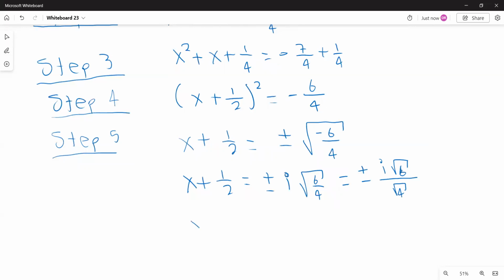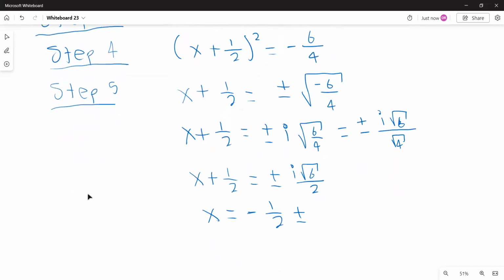So x plus 1/2 is plus minus i square root of 6/2. So x is -1/2 plus minus i square root of 6/2, or square root of 6/2 i.